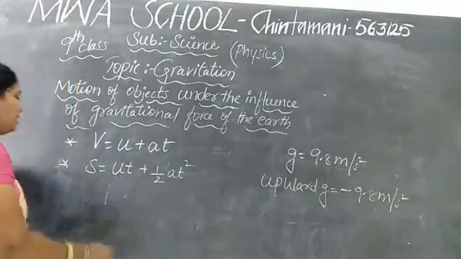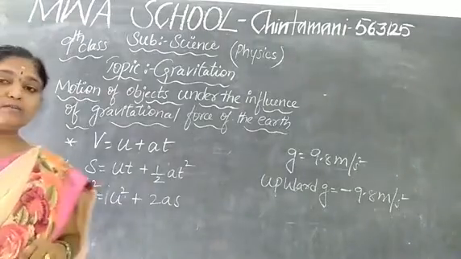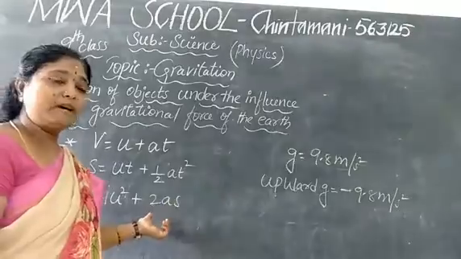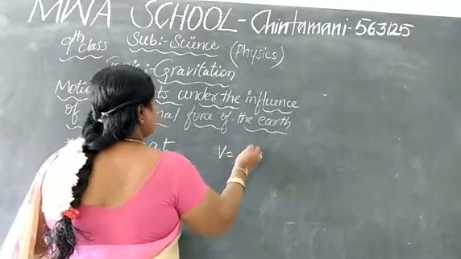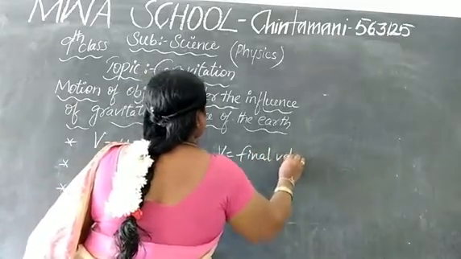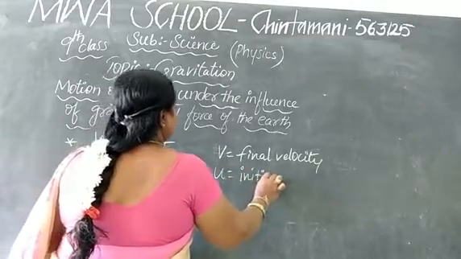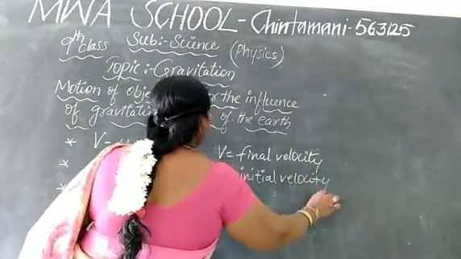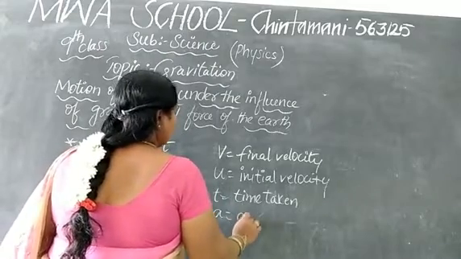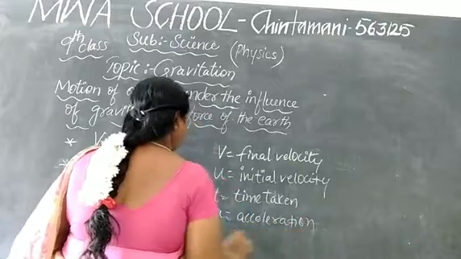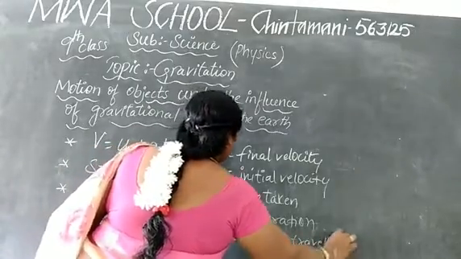Then what is the next equation? V square is equal to U square plus 2AS. Here V is the final velocity, U is the initial velocity, T is time taken, A is acceleration, and S is distance traveled.